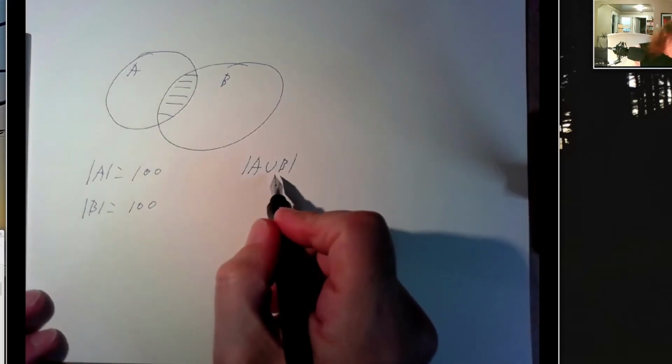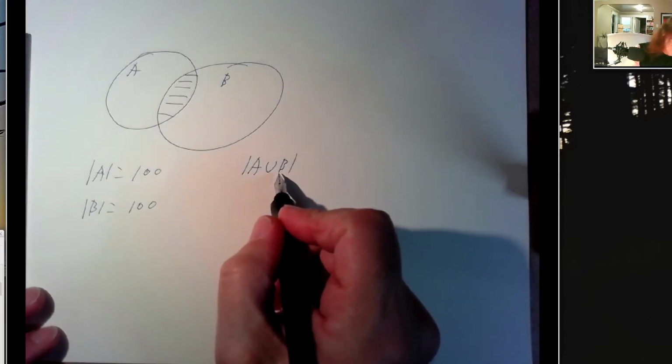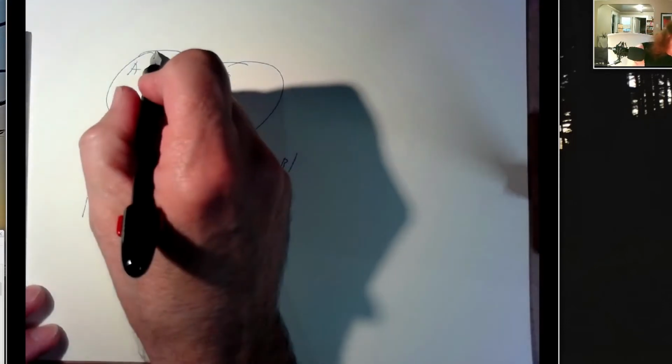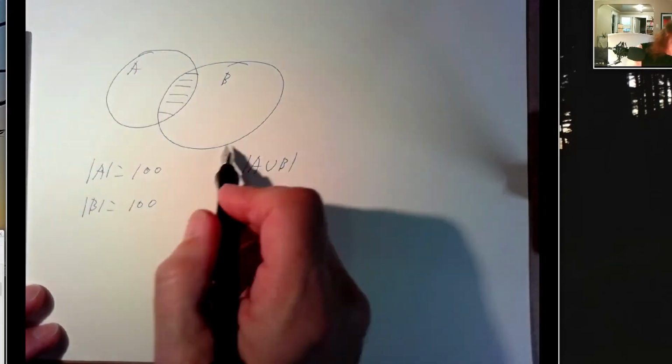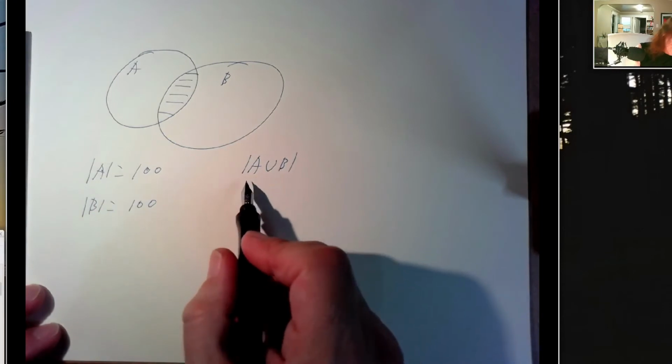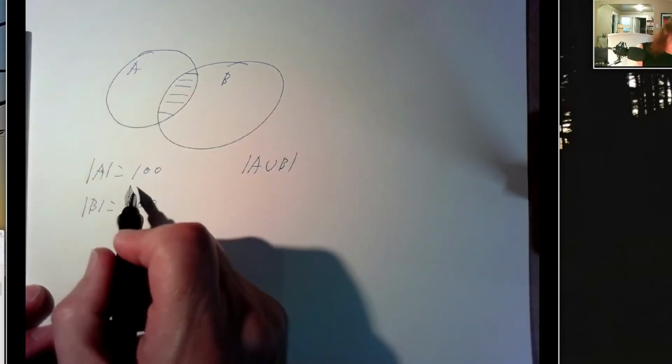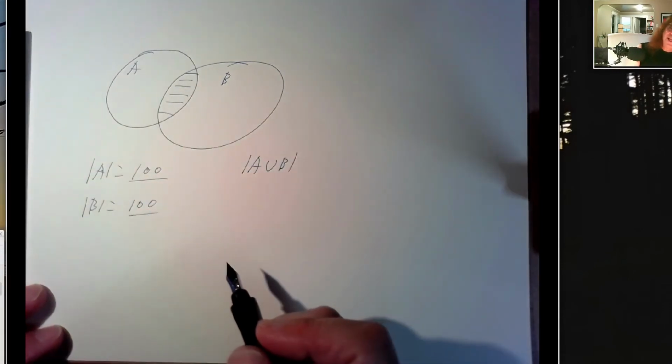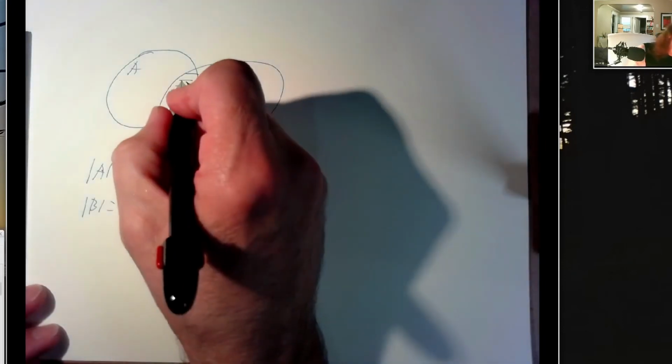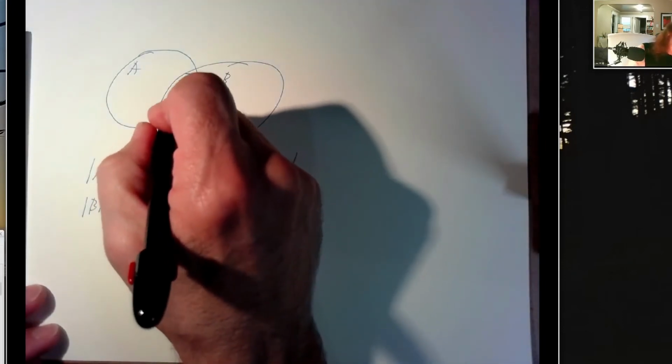If we take A and B and put them together, we're going to take everything from A and put that in our union. We're going to take everything from B and put that in our union. If we just count up the number of elements in A and the number of elements in B and add those together, anything that's in the overlap is getting counted twice.